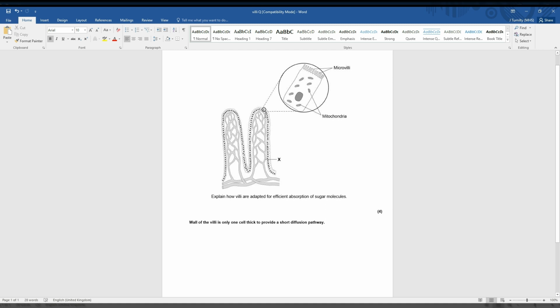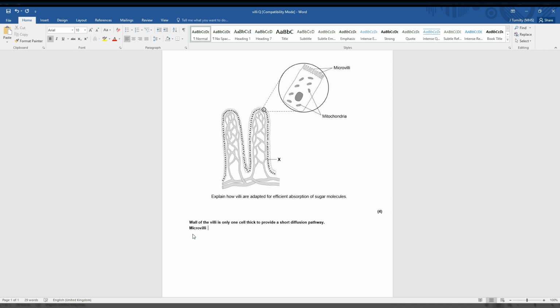And not only that, when we get the close-up of 1 cell there in the diagram, we've got a similar arrangement here, haven't we? And they've labelled these microvilli. So even if you didn't remember what they are called, we've got them labelled on the diagram for us. So they're actually helping us out a little bit. So what we can say is that we've got microvilli.